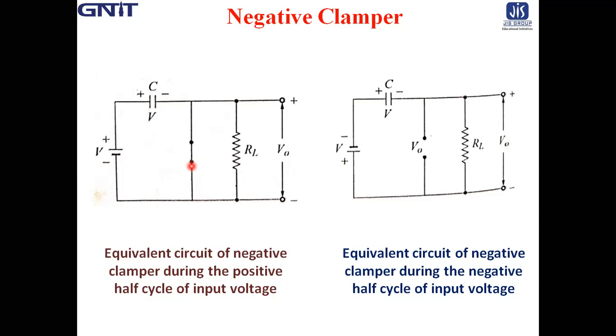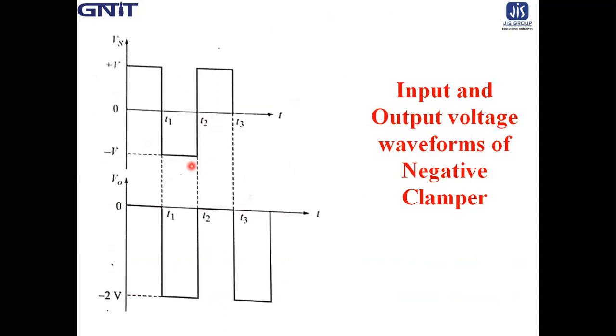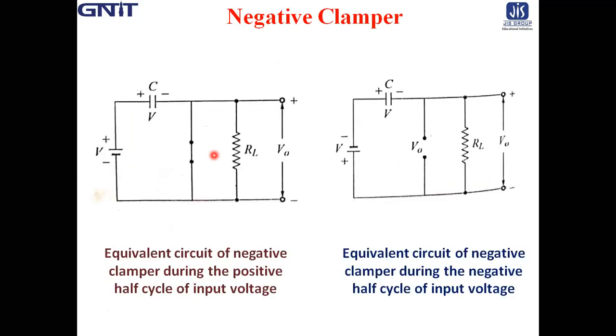Now during the period T1 to T2, that is the negative half cycle of the input pulse, the diode is reverse biased and behaving like an open switch. The corresponding equivalent circuit of the clamper is in the previous slide.